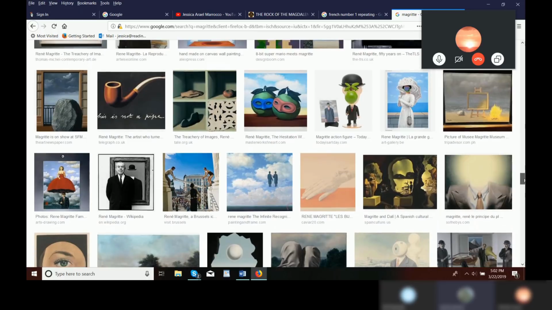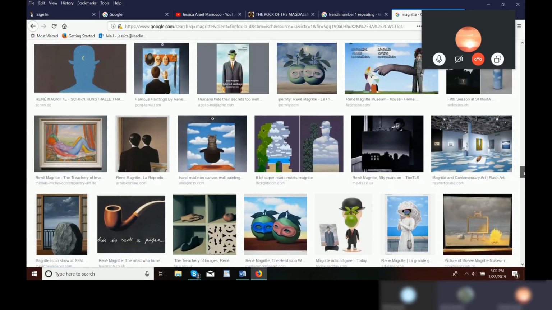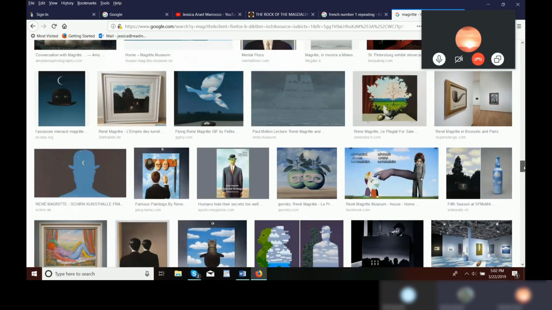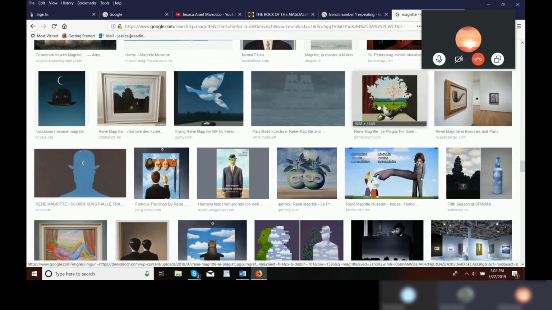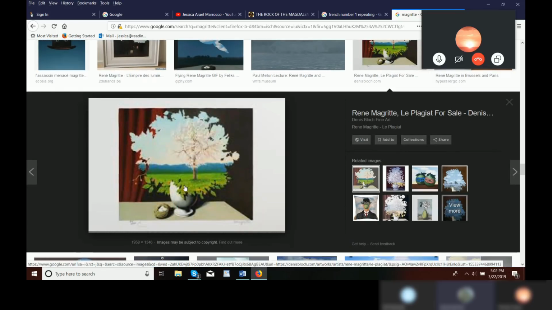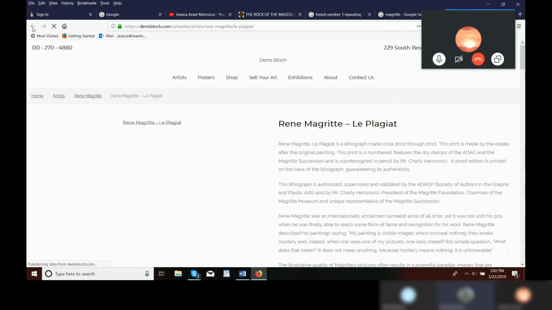There's just so much. I know. What's this right here? It's a tree within it, and there's another tree. There's the tree within a tree.